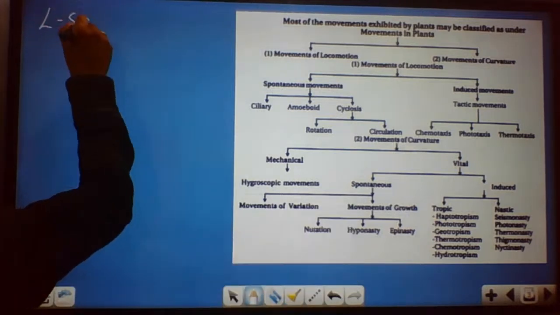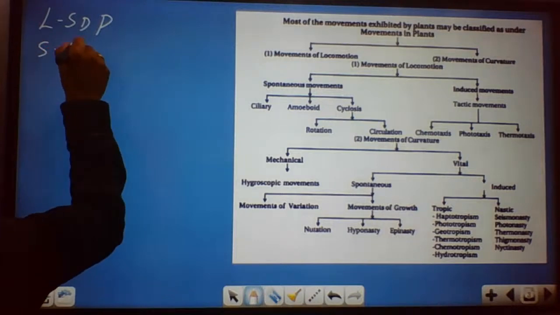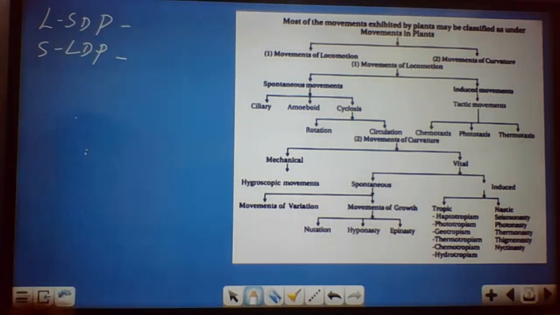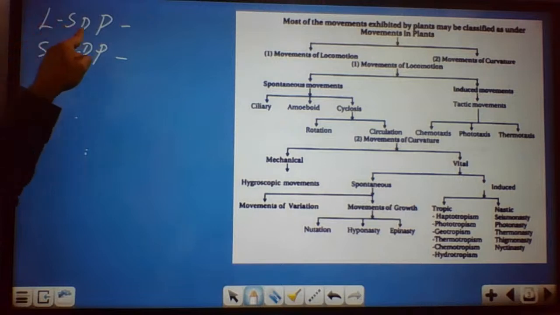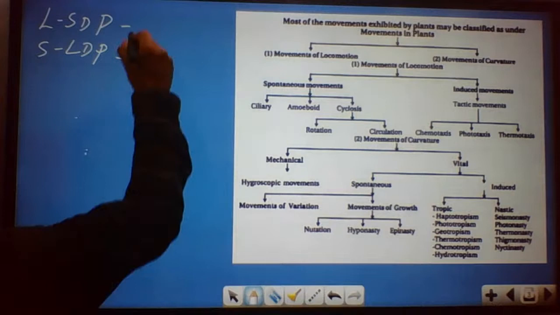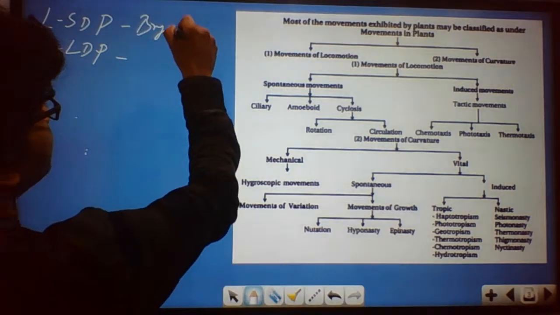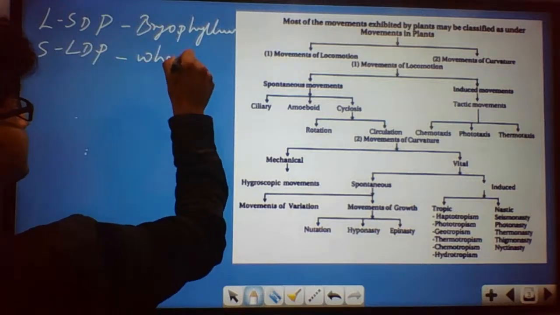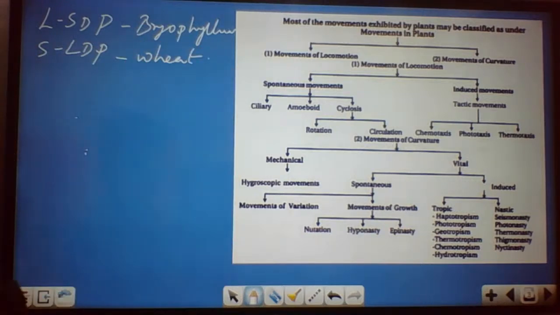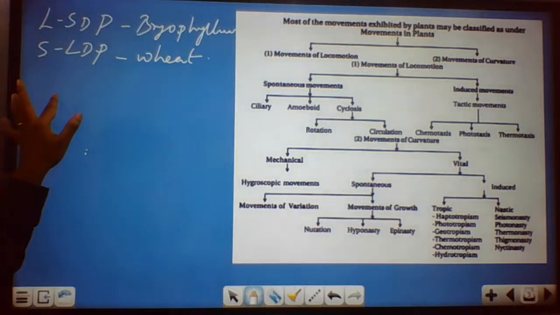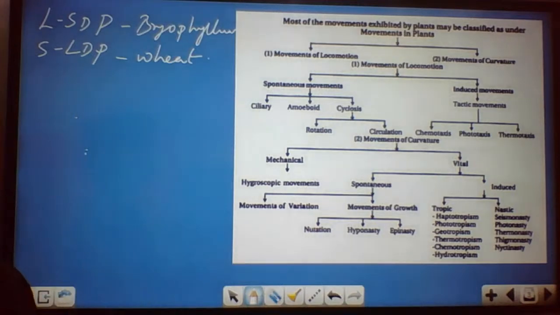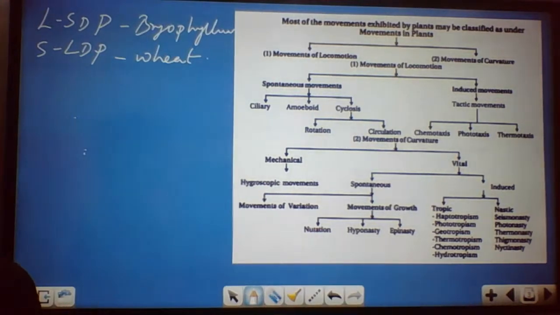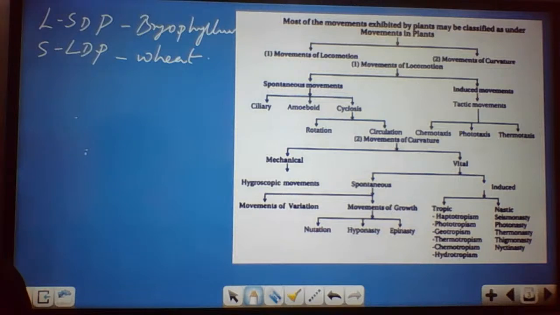You can take bryophyllum. For short long day plants, we have wheat. So apart from this, we can also add LSDP and SLDP. Here you should understand examples for the short day plants, long day plants and neutral plants, and what the critical period is.